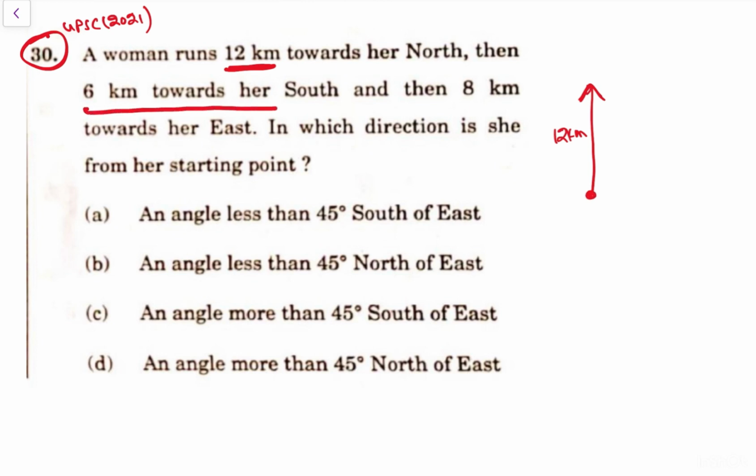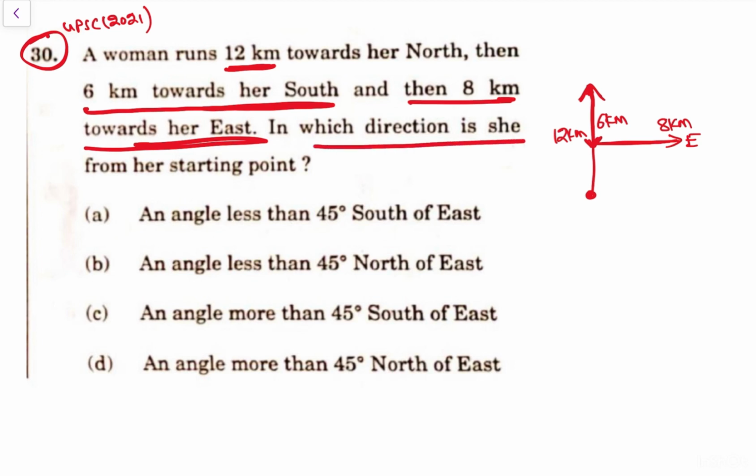Then 6 kilometers towards her south, reaching here. South is this side, right? So she again traveled 6 kilometers, which is half of the distance she ran. And then runs 8 kilometers towards her east. East is this side. So she ran for 8 kilometers towards her east.